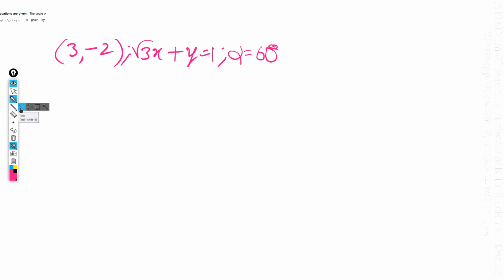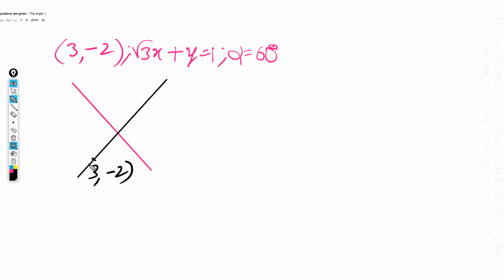Now just now we did the problems. This is one line given. Now this line is to be found out. And this line is passing through which point? This line is passing through 3, minus 2. And the slope of the given line is minus root 3, just write out minus a by b. And what is the angle between them? 60 degrees.